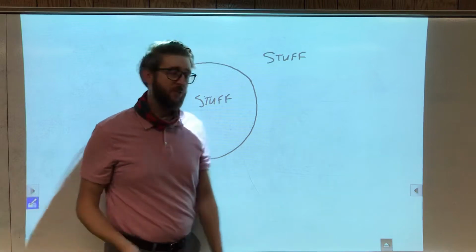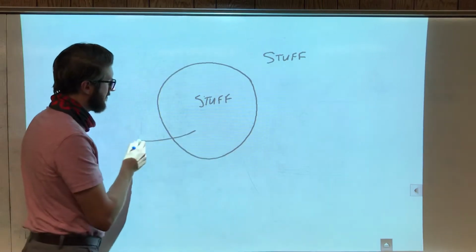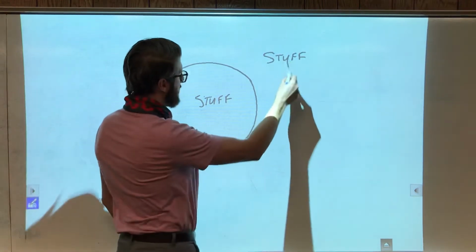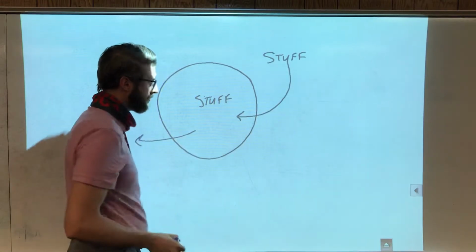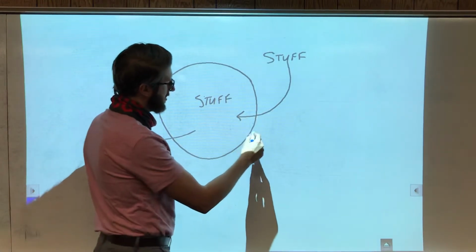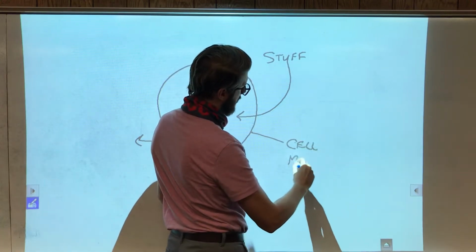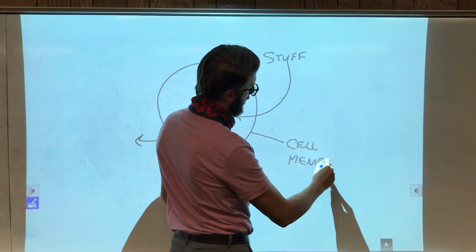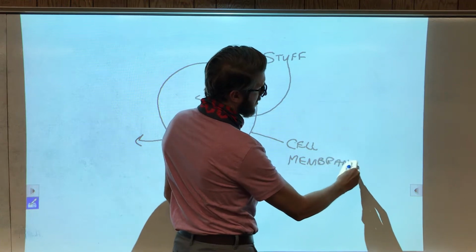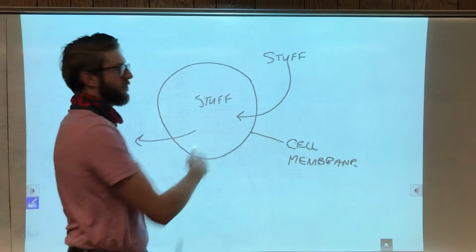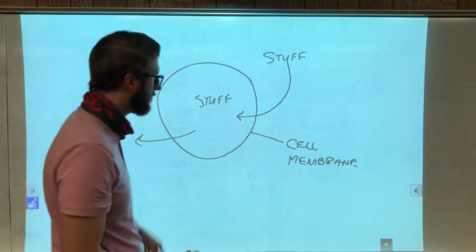And some stuff needs to leave the cell, and other stuff needs to come in. And we talked about how the cell membrane, which is the part that goes around the cell, regulates what comes in and what goes out.